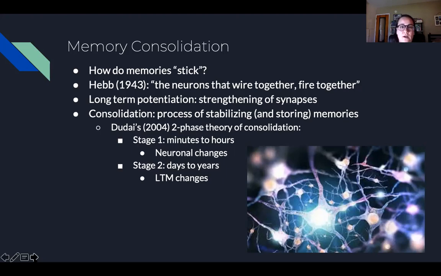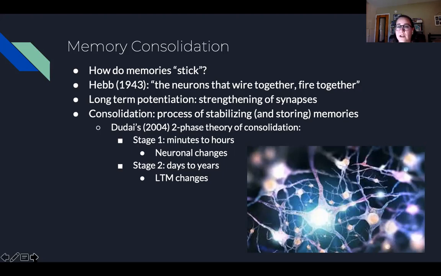And so a final memory process that we're going to talk about real quick is called consolidation. Consolidation is the process of stabilizing a memory after time, after it's first acquired. So essentially this process of storing the memory, getting the information all squared away.